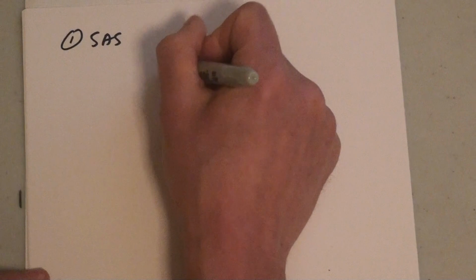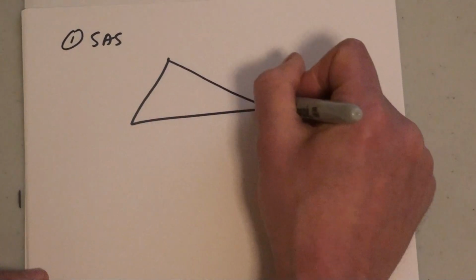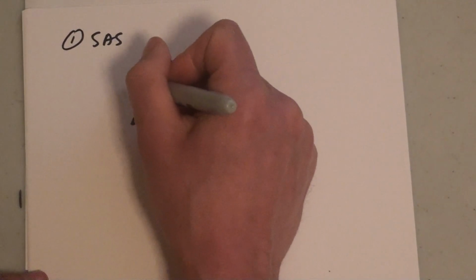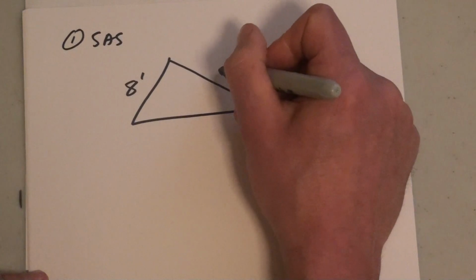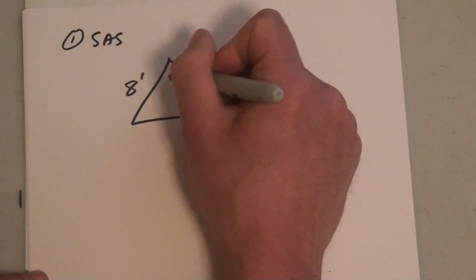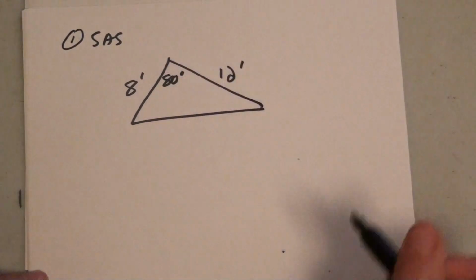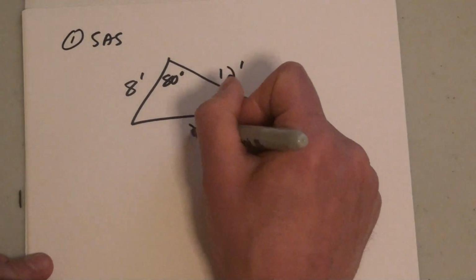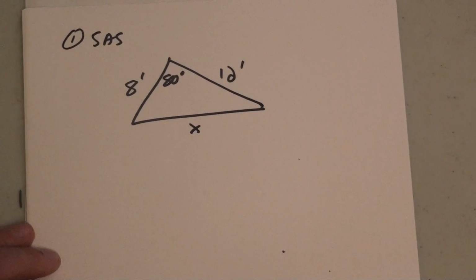What do the questions look like? The first scenario, let's do a side angle side triangle. So for example, let's say I have 8 feet, 12 feet, and 80 degrees. That means I must be finding the side opposite that 80 degrees.